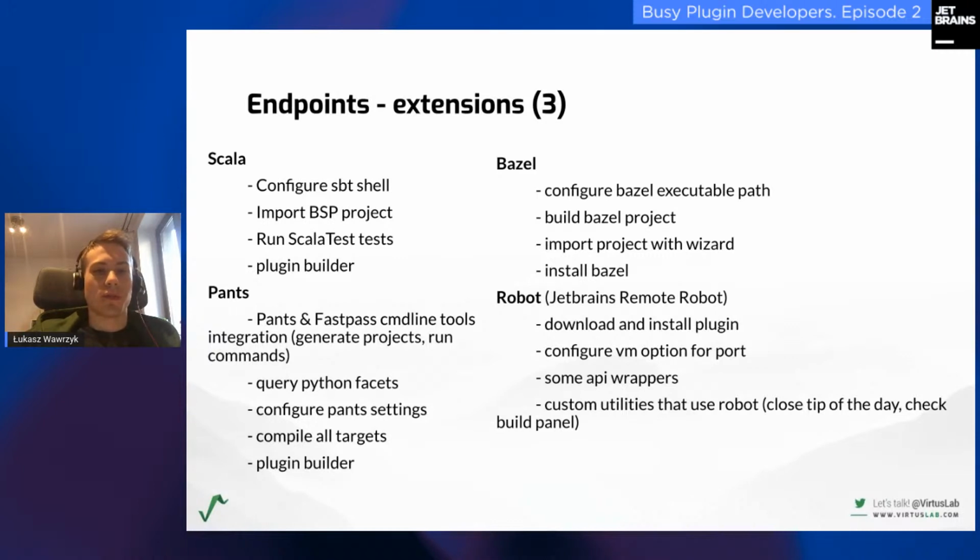And we have some features for the Pants extension and the Bazel extension. We have a robot extension that integrates with JetBrains Remote Robot. I will talk about this a bit later. But ide-probe can set up JetBrains Robot for you. So it can download it, install the plugin, configure the right port, and connect with it and give you access to the Robot API.